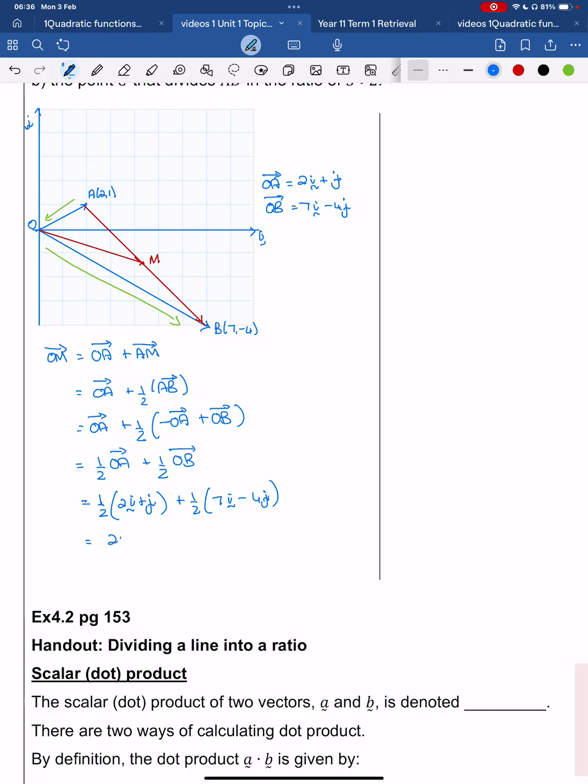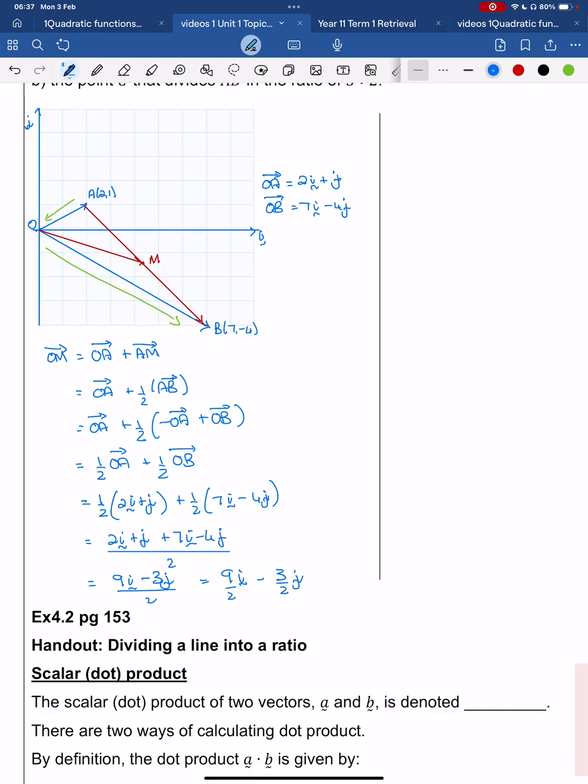So maybe write that as 2i plus j plus 7i minus 4j all over 2, and that gives me 9i minus 3j over 2, and we usually separate them, so 9 over 2 i minus 3 over 2 j. So our vector that describes the midpoint of AB is 9 over 2 i minus 3 over 2 j.